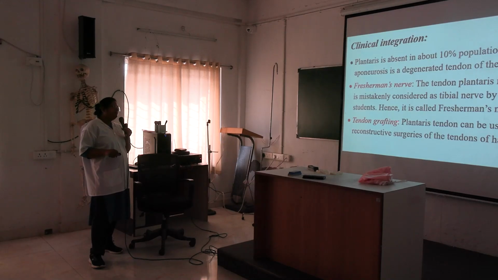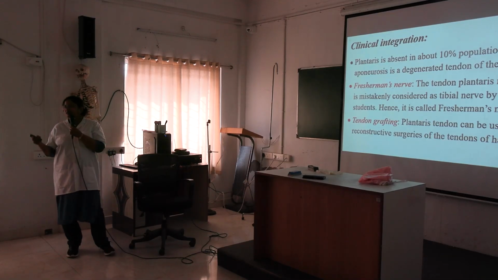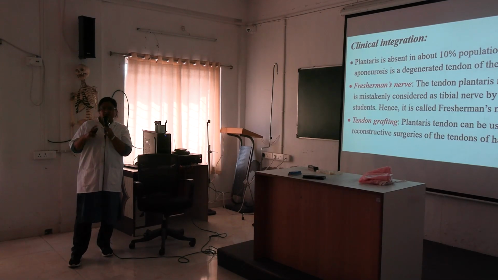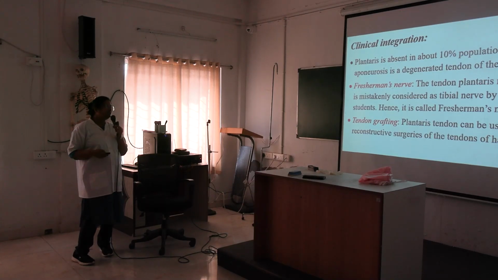Tendon grafting: the plantaris tendon can be used for grafting in reconstructive surgeries of the tendons of the hand. It is a very thin tendon and does not perform any major function in the lower limb. That's why it is used for grafting.